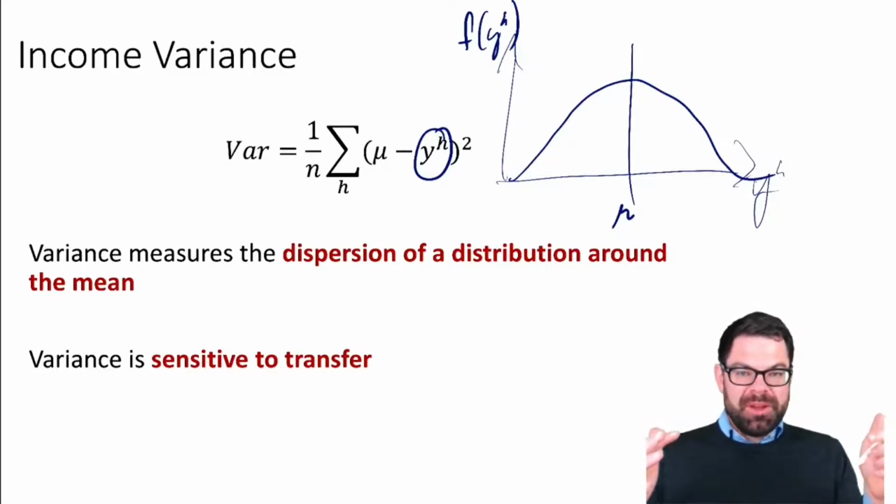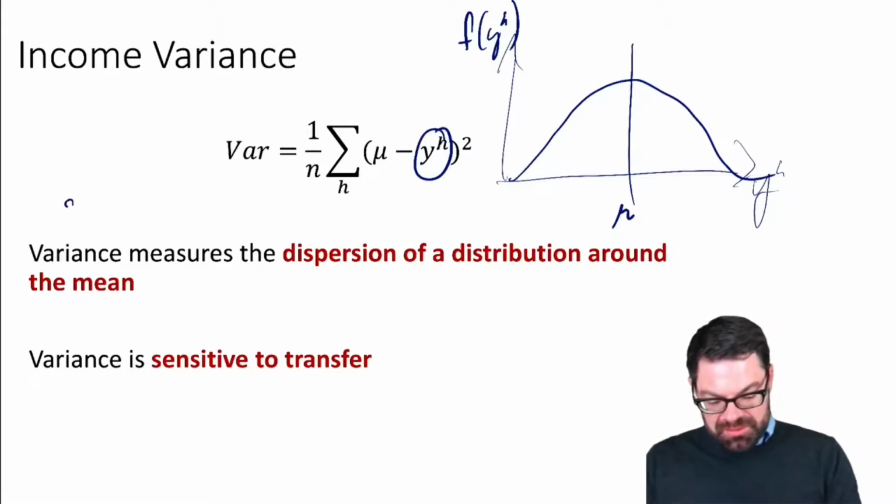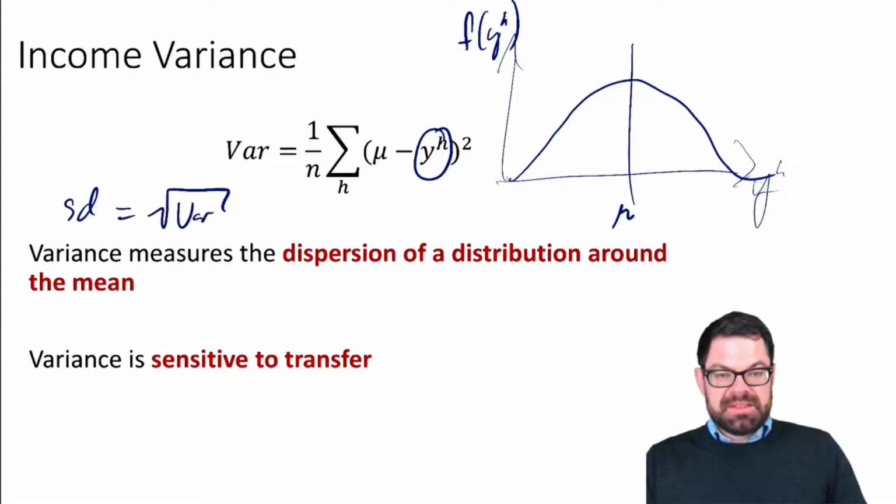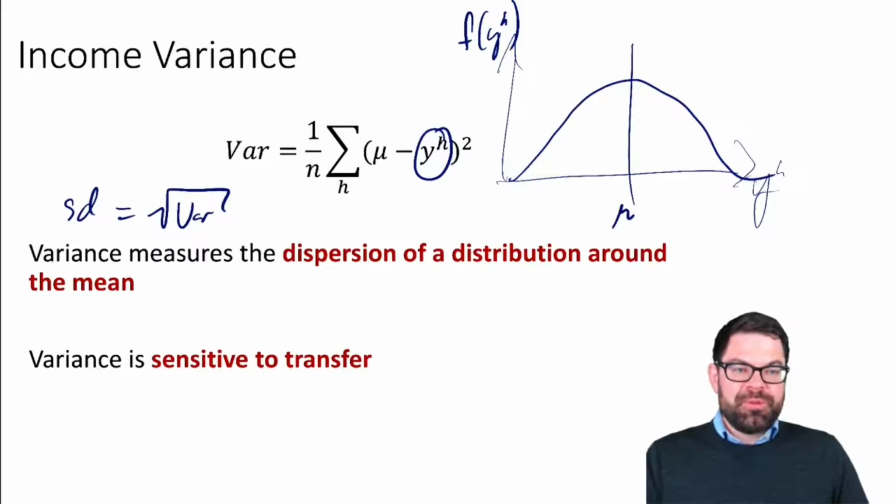Then what you see very often is the so-called standard deviation, which is just the square root of the variance, which tells us by how far on average incomes deviate from the mean. Okay, so you have here lots of incomes.